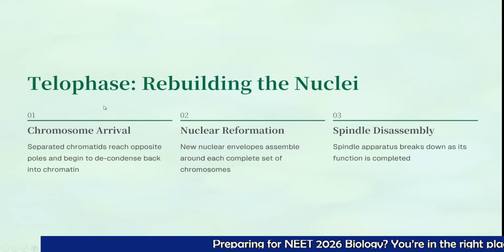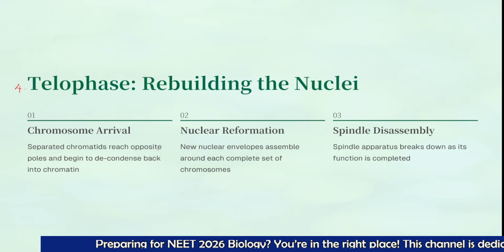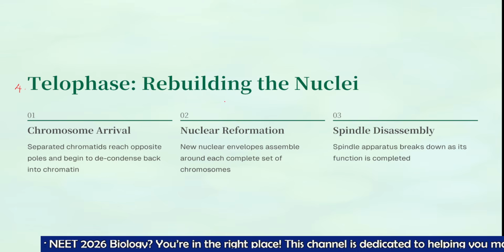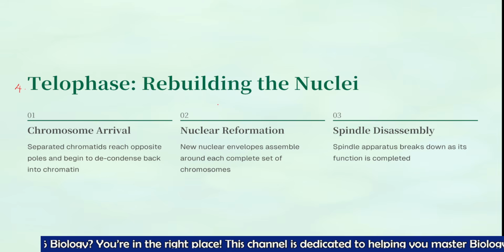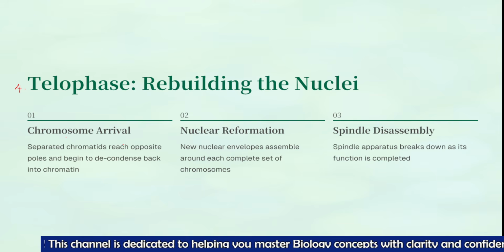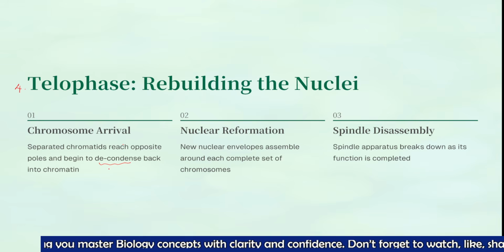And the last phase under karyokinesis, the fourth phase, is the telophase. So in the telophase stage, when you compare with what we learned in the prophase, the exact opposite takes place here. The chromosomes undergo decondensation.